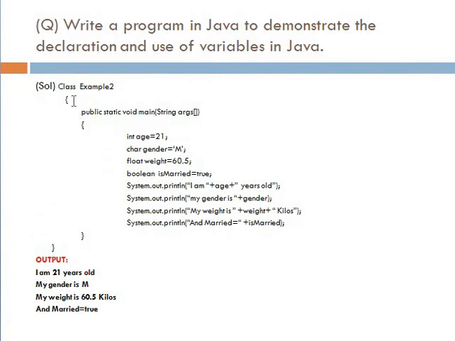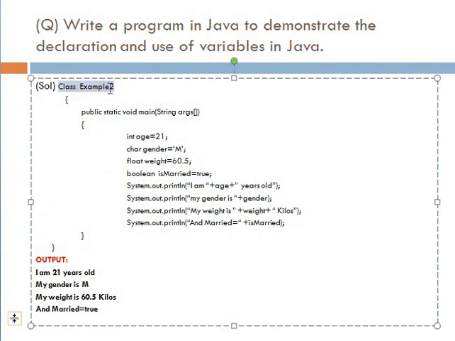Now note one thing, that the class specified by the name example2 is a user defined class because this class has been created by the user. But the class System is not a user defined class because it is a predefined class contained in the Java library.